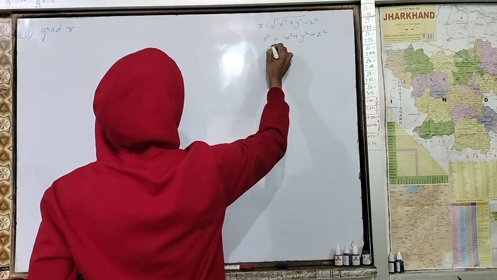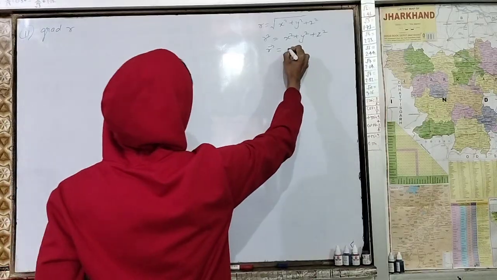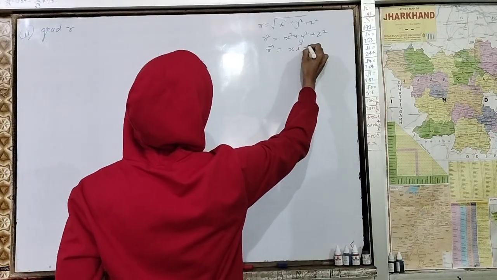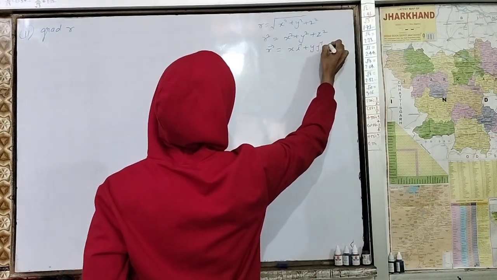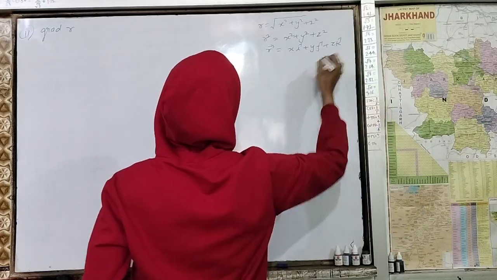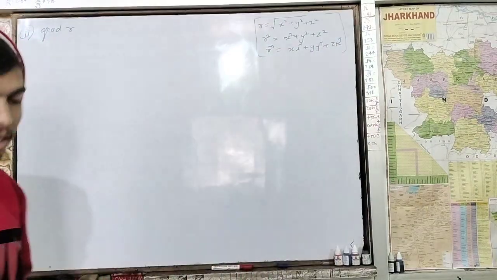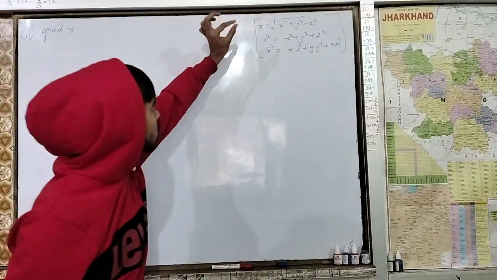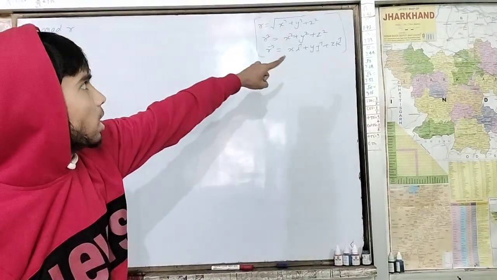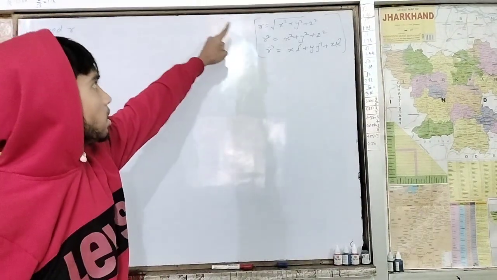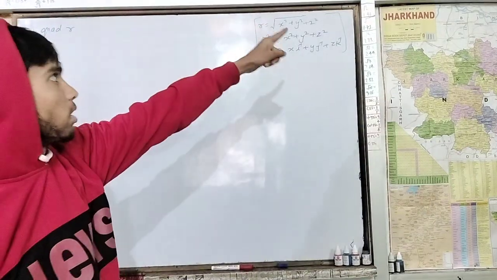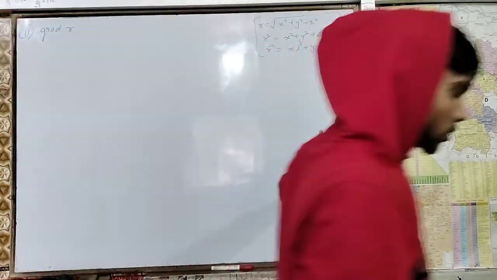But vector r will be equal to x i cap plus y j cap plus z k cap. You can see these are three values of a different r. This simple r, which is without a square and without an arrow, is equal to the square root of x square plus y square plus z square.